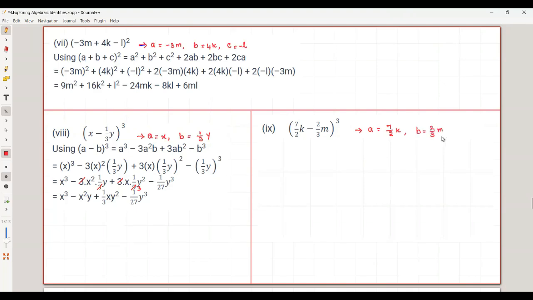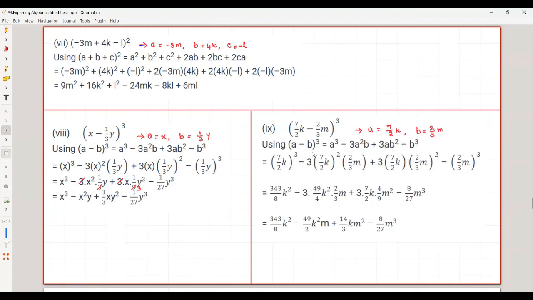The same formula applies: a minus b the whole cube is equal to a cube minus 3a square b plus 3ab square minus b cube. Replace the values: instead of a, write 7 by 2k; instead of b, write 2 by 3m. So substitute, and then expand this.